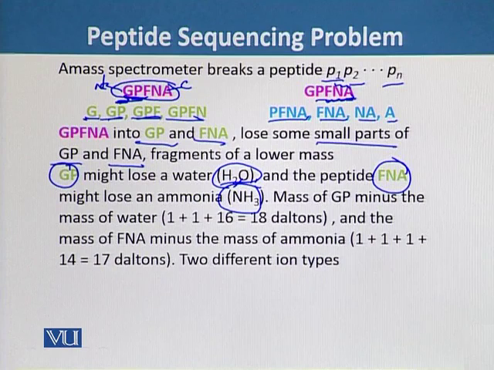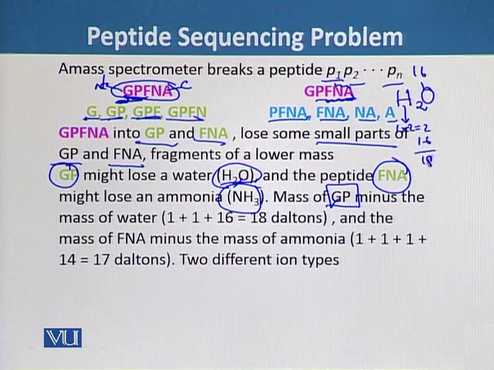So the resulting mass detected by the spectrometer will be the mass of GP minus the mass of water. We know the formula of water is H2O, the mass of hydrogen is 1 with 2 atoms, and oxygen is 16, so 16 plus 2 is equal to 18. We subtract this value from GP.